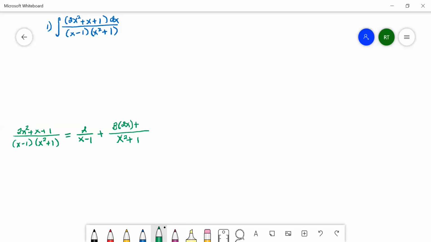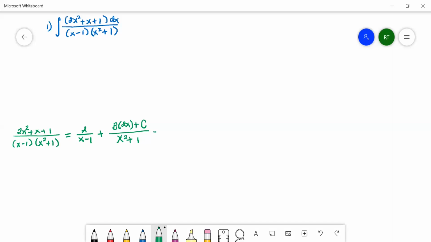Then plus another constant C. So for the distinct linear factor x minus 1, we have the partial fraction A over x minus 1. And for the quadratic factor x squared plus 1 in the denominator, it corresponds to the partial fraction in the form B times 2x plus C over the quadratic factor.